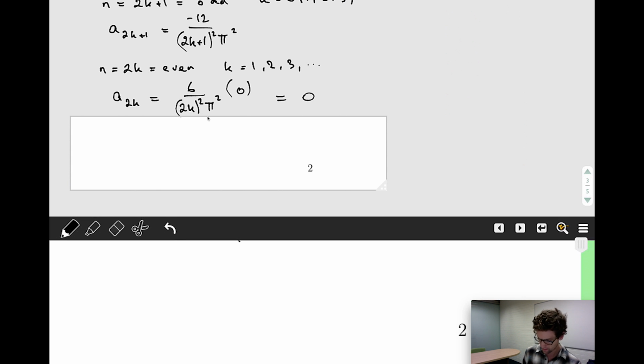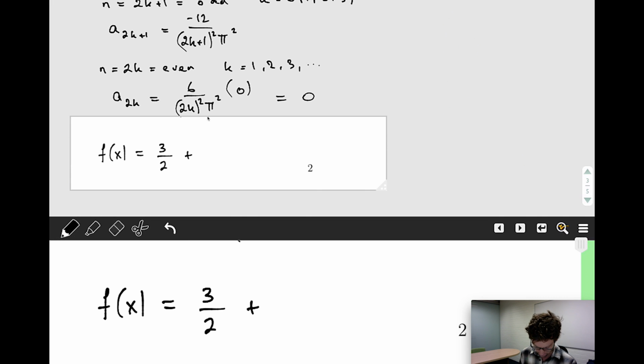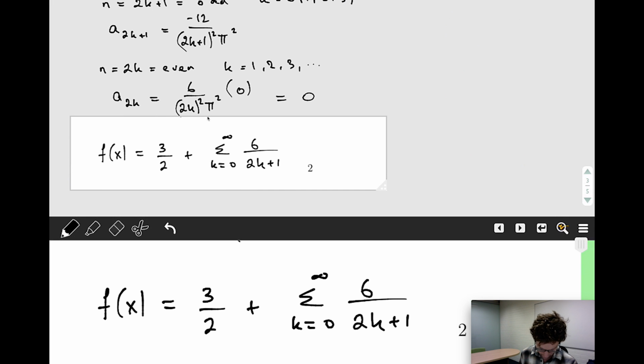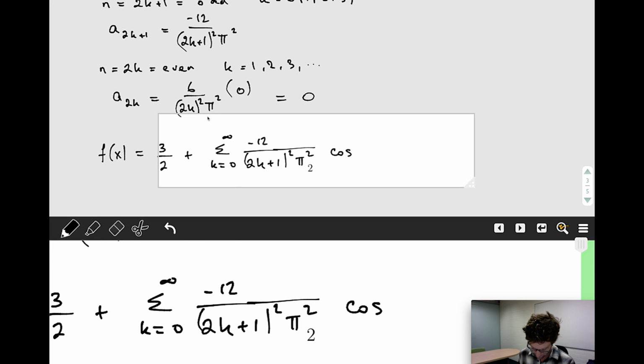So we're going to get f of x is equal to 3 over 2, that was our a0, plus the sum from k equals 0 to infinity of minus 12 (oh, that's a minus 12, sorry) over (2k plus 1) squared pi squared, all multiplied by cosine of (2k plus 1) pi x over 3.